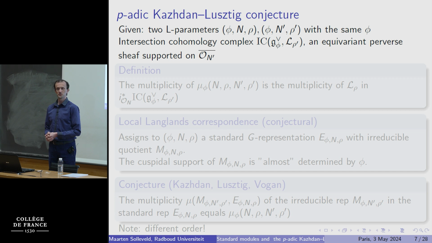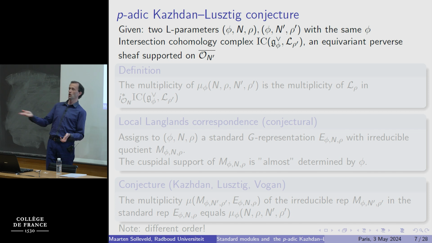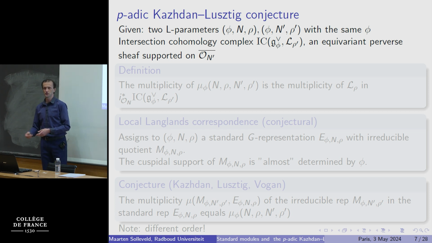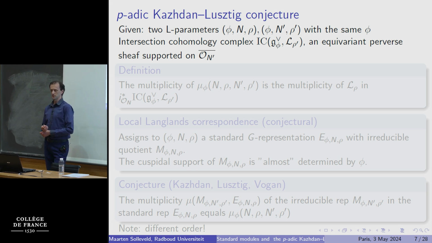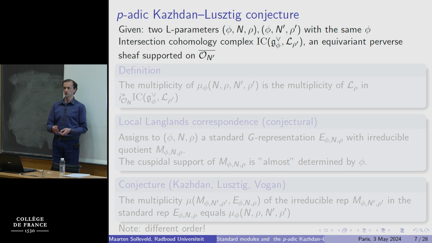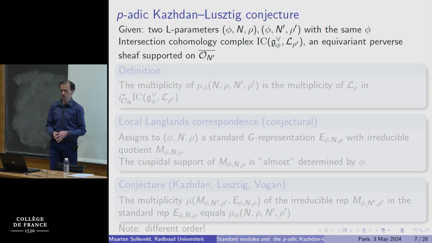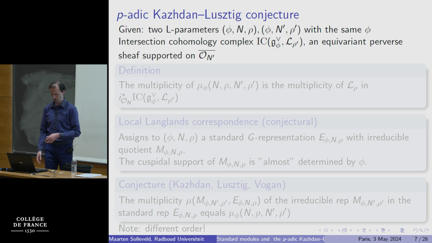Given one standard representation which comes from a certain Langlands parameter, you don't need to look at all other irreducible representations. You need only look at other irreducible representations for which the first part of the Langlands datum is the same. So they have the same Langlands parameter phi, but maybe a different nilpotent element n, and maybe also a different enhancement of this parameter.